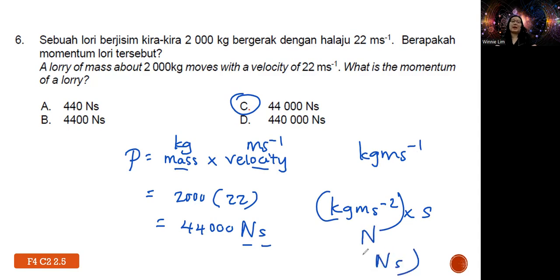So that's why it is another unit, in case they ask you relating to the unit. So do not panic. If it is newton second, that means it equals kg m s^-1. Of course, if the question gives you gram or centimeter per second, you have to change to SI units, like gram to kg. Like this question, they didn't test you on converting the unit, so it's kind of direct.